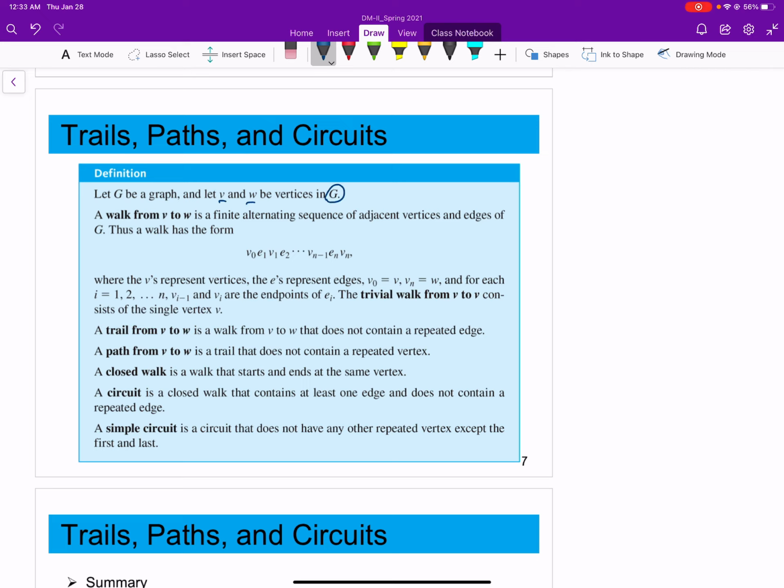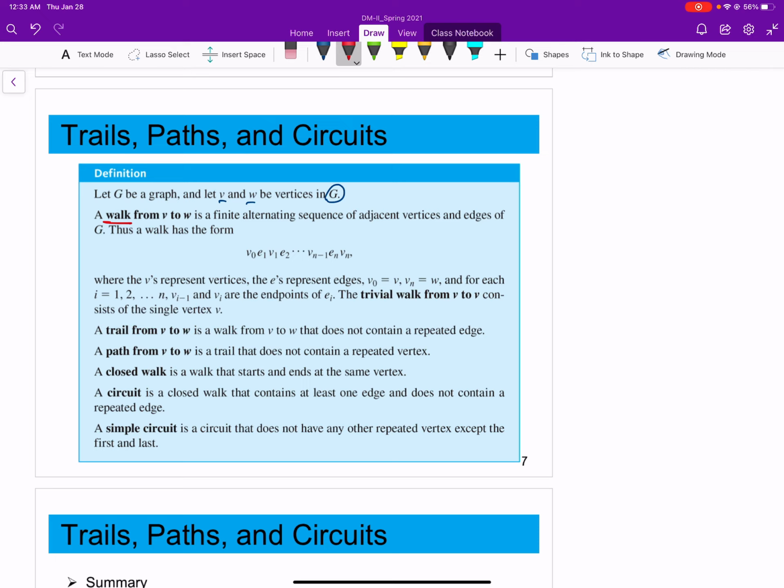All right, so then we are going to learn some definitions. A walk from V to W is a finite alternating sequence of adjacent vertices and edges of G. Okay, so this is the definition for a walk.